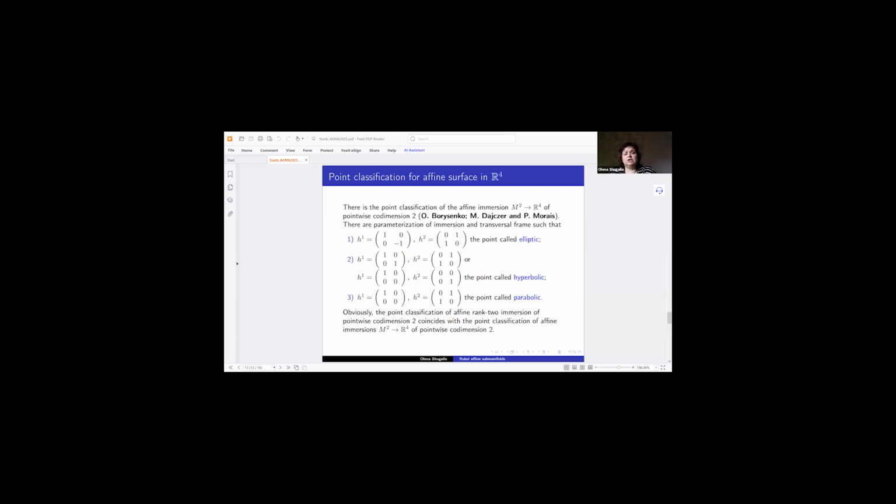So we have such a classification in the case of codimension 2. If we have an affine immersion of a two-dimensional manifold into four-dimensional affine space, we have a point classification for such surfaces. It was given by Borisenko and independently by Dicer and Marais. It means that we have three variants of points.